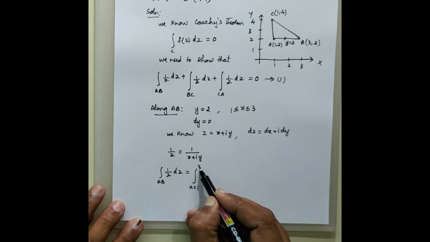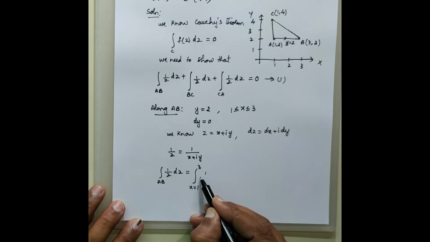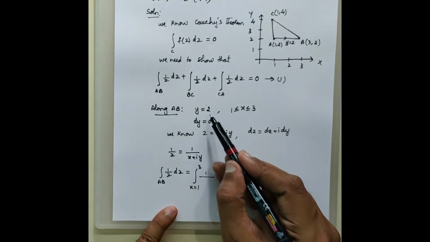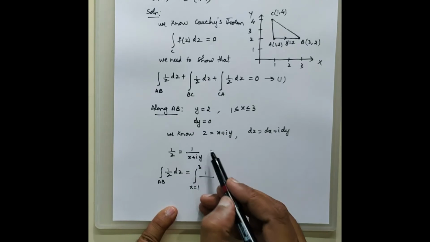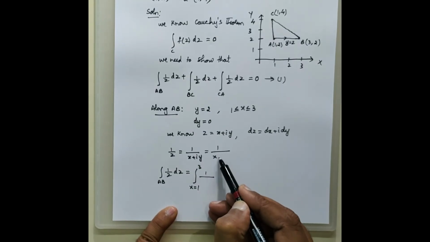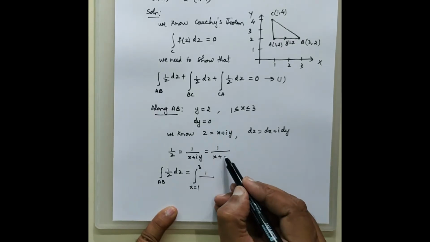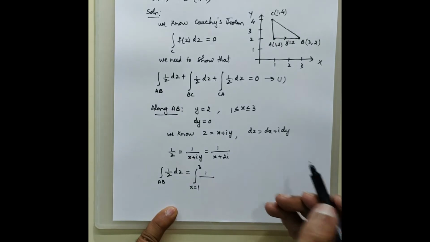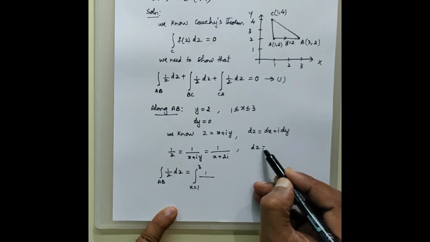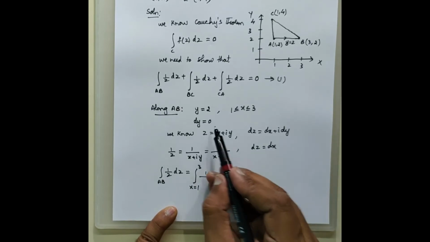So 1 by z is 1 by x plus i times y, where y is 2. So it becomes 1 by x plus 2i, and dz will be equal to dx, because dy is 0, therefore dx plus 0 will be dx itself.